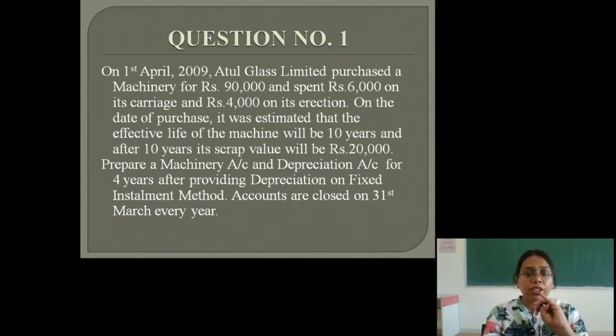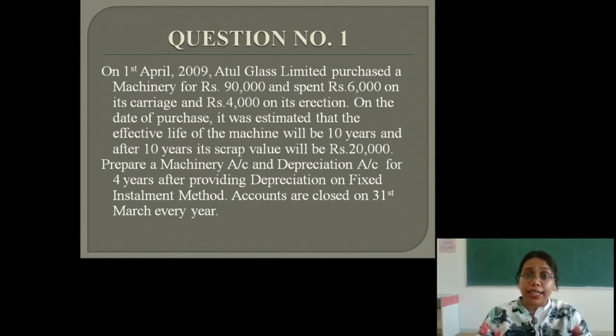We have all three things, and we also have the effective life and the scrap value of the machinery, but we do not have the amount or the rate of depreciation. Then in this case, we will have to calculate it.